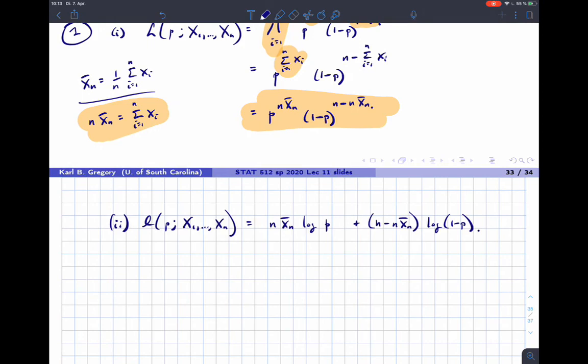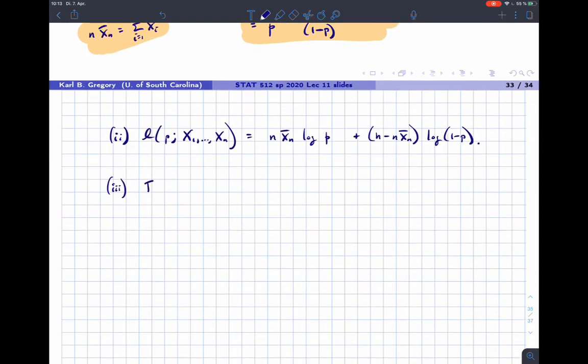And now we get to think about finding the p which maximizes this, which maximizes the log likelihood.